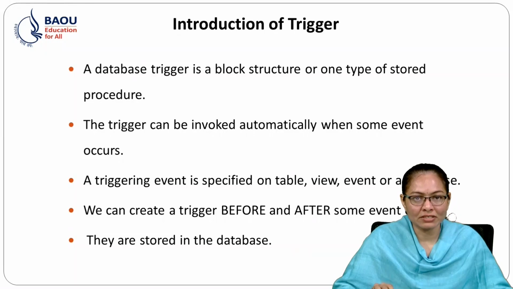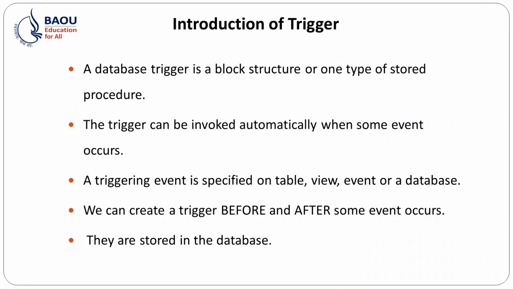After compilation, the trigger will be stored in the database. Now, these are the basic concepts of the trigger. A trigger is generated only when some event occurs, and what is an event, I already discussed. A trigger is based on a particular table, view or database.